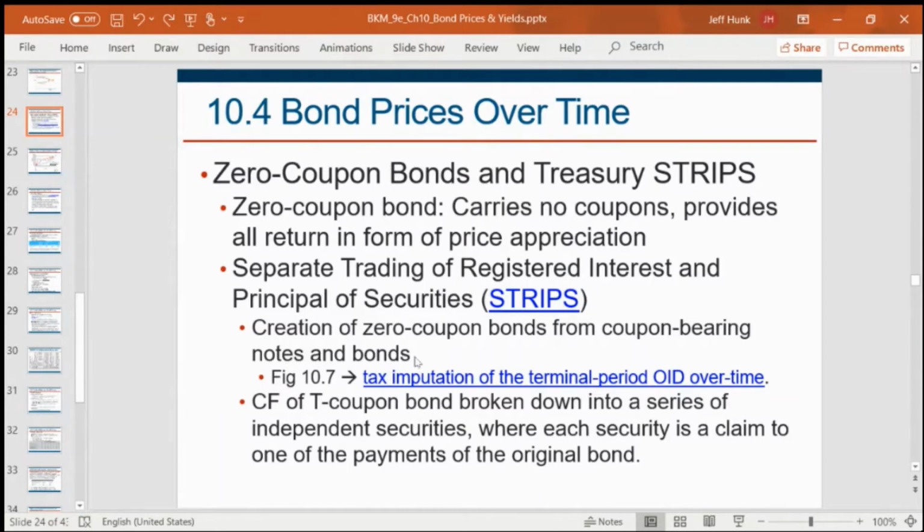Suppose you have 10 coupon-paying bonds, so the total par value will be $10,000.